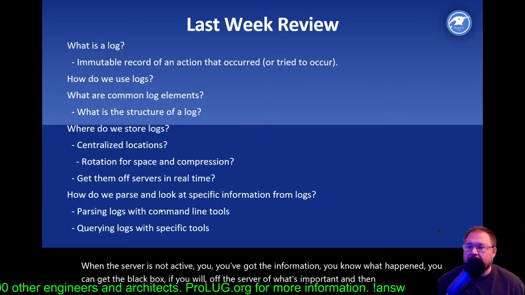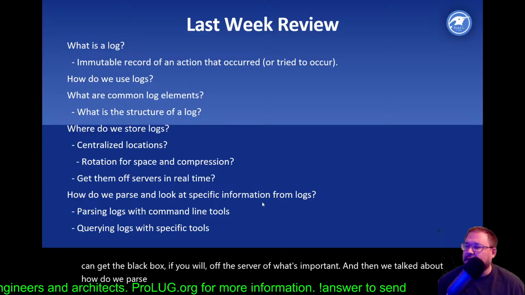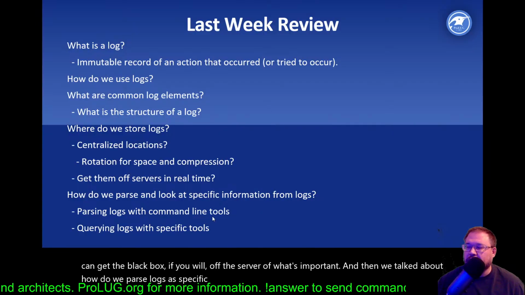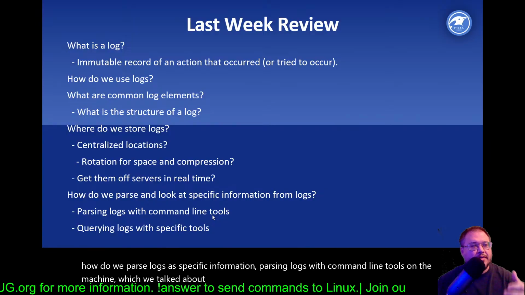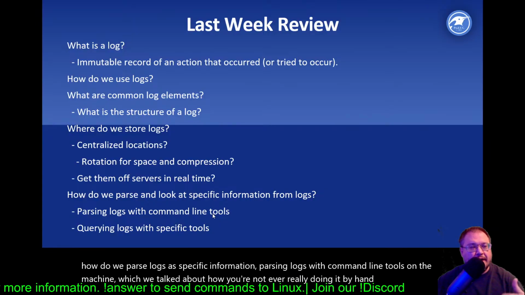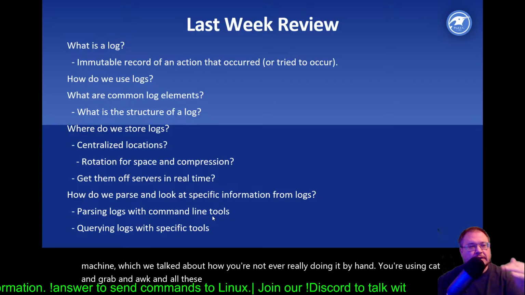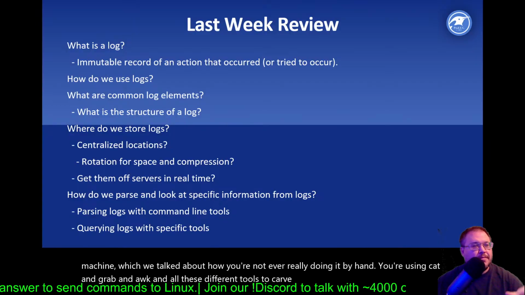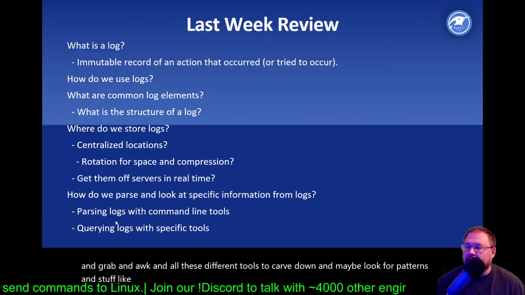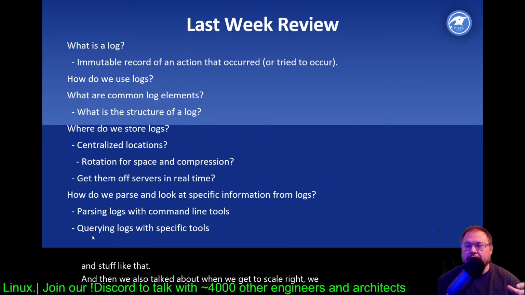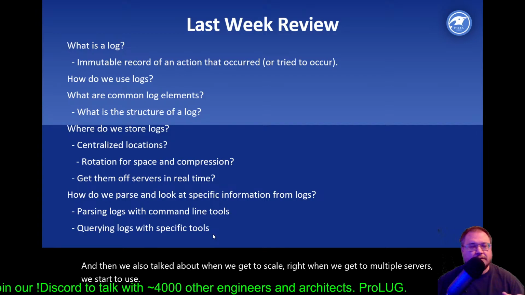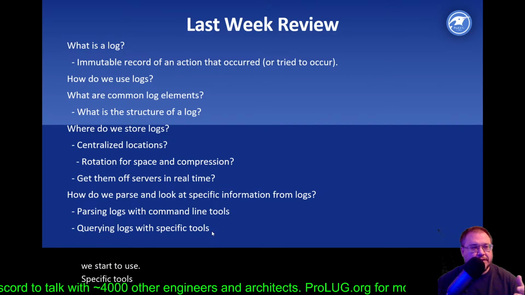And then we talked about how we parse logs, specific information, parsing logs with command line tools on the machine, which we talked about how you're not ever really doing it by hand. You're using cat and grep and awk and all these different tools to carve down and maybe look for patterns and stuff like that. And then we also talked about when we get to scale, right? When we get to multiple servers, we start to use specific tools like Splunk is a really good one.